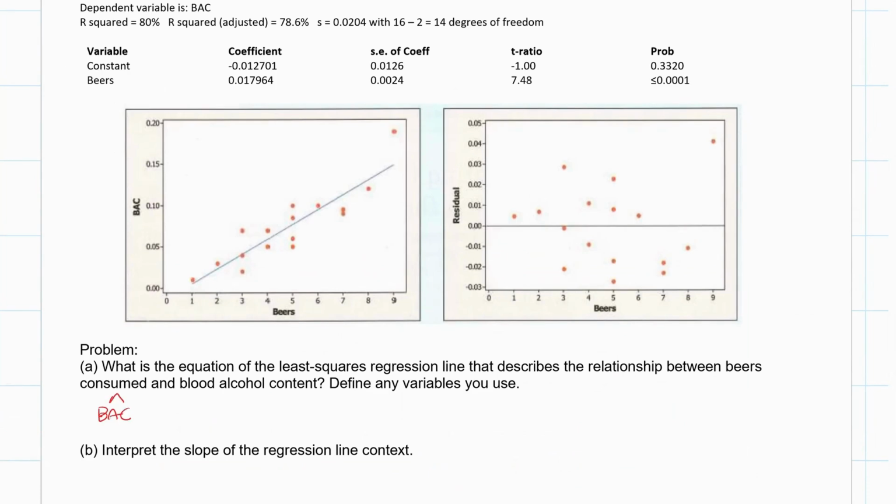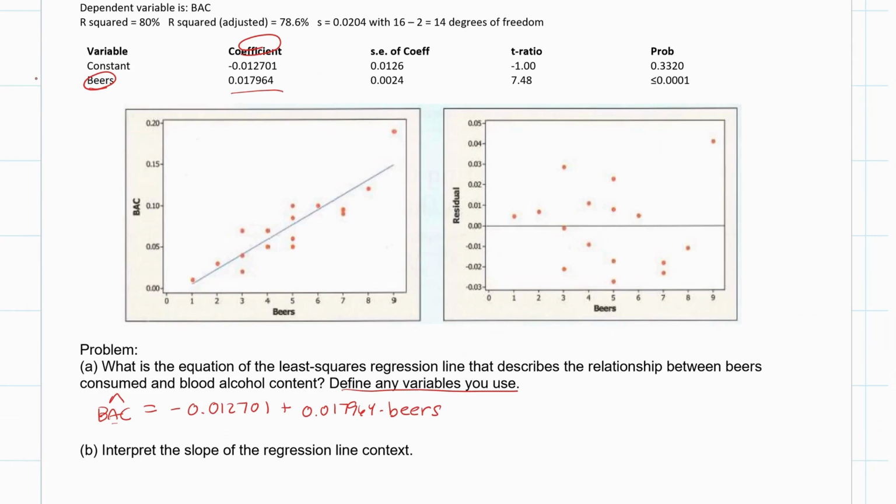So BAC predicted is our y-intercept, which in this case starts with 0.012701 plus our slope, which could be found there, 0.017964. Again, it's the coefficient on beers. And again, our x variable is beers. And by embedding those and not using x and y's, I have defined the variables that I'm using.